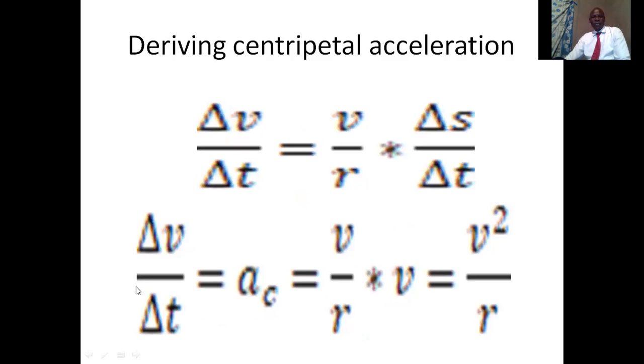The change in velocity over change in time is acceleration. The change in displacement over change in time is velocity, meaning that V multiplied by V gives us V squared, over R. And so we have verified that acceleration, which points to the center of the circle, which is centripetal acceleration, is equal to velocity squared over R. This is a very simple process of deriving the acceleration for a circle.